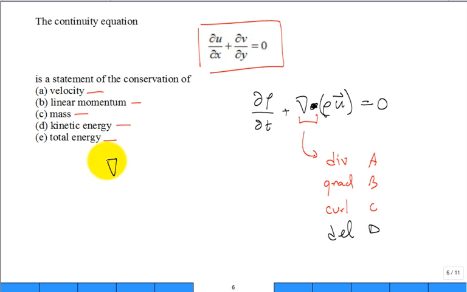Del is just this symbol. And then you put del dot. Ah, now we're talking. What is that dot right there? Well, that's a dot product.